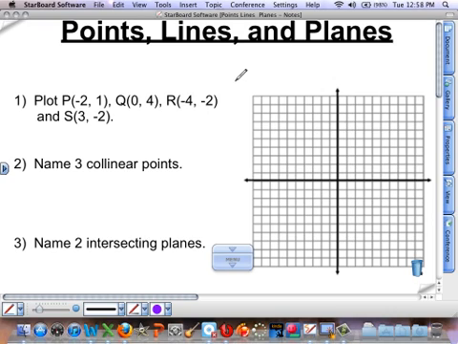Brian, I want you to go plot point P up there on the board. So I need a plot and label. Should we label it?